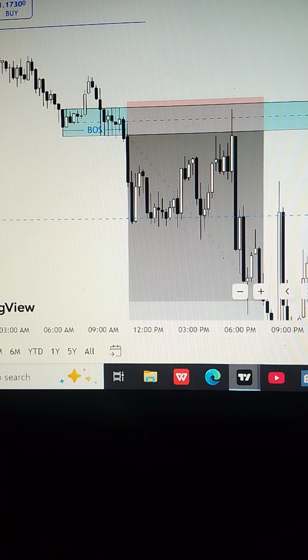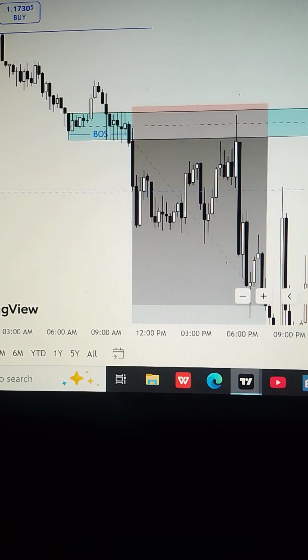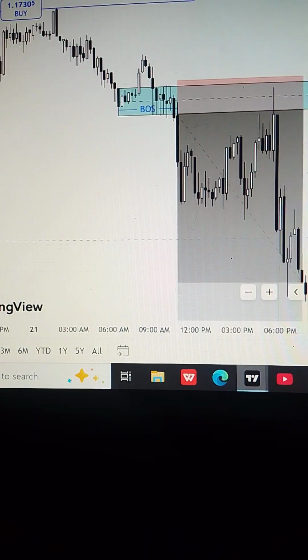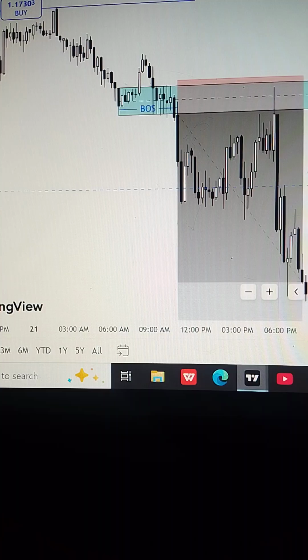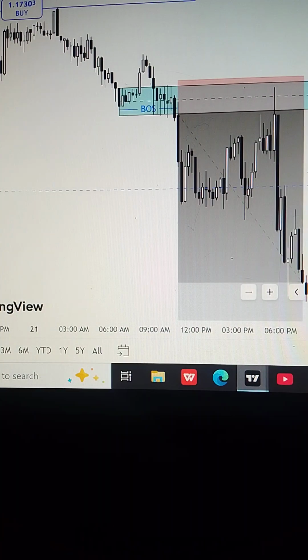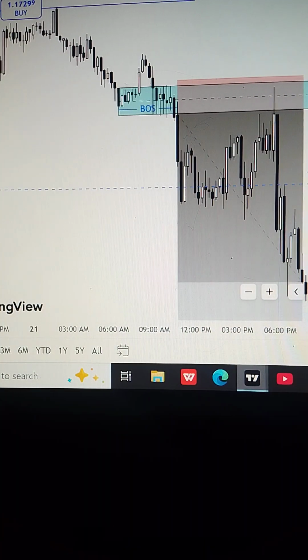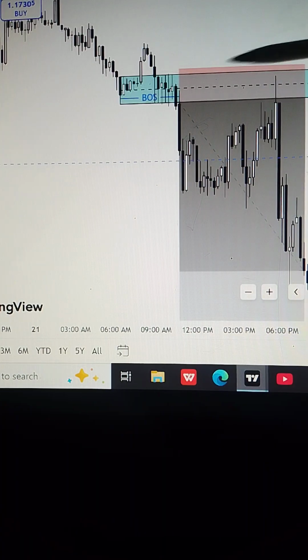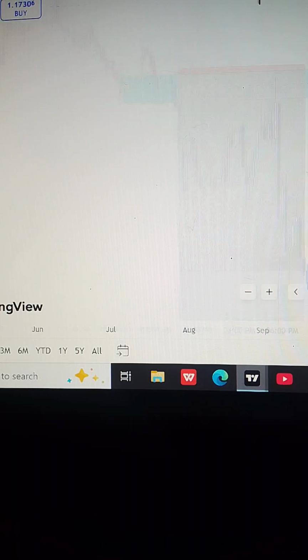Now the next thing is the target. After identifying the daily bias and looking for the entries, the target is that you are supposed to target the previous daily low or high. So you can see this was our order block. Now let's go back to the daily time frame.